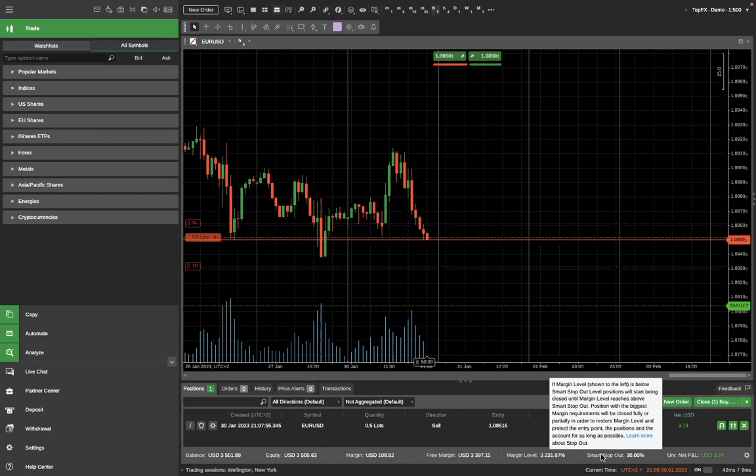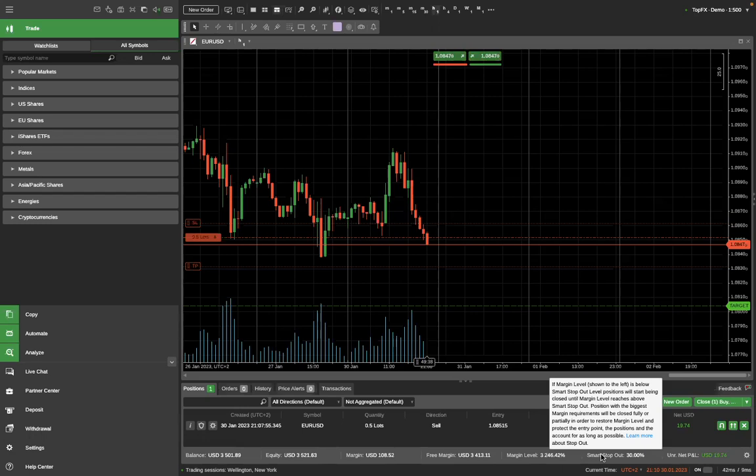So there are two kinds of stop outs. The first one is fair stop out and the other is smart stop out. Both of them are triggered when the margin level of your account drops to or below the designated stop out level. The stop out level can only be determined by the broker, and we are using 30% as the stop out level.